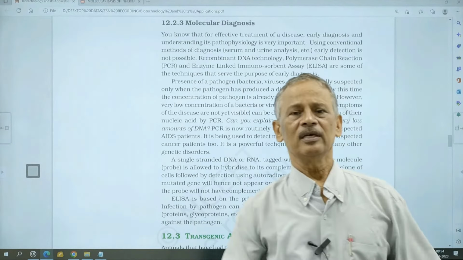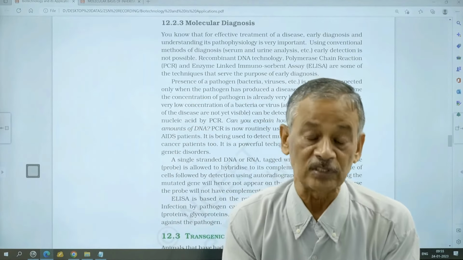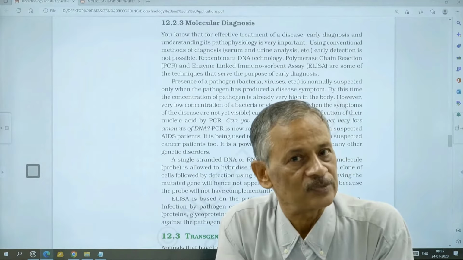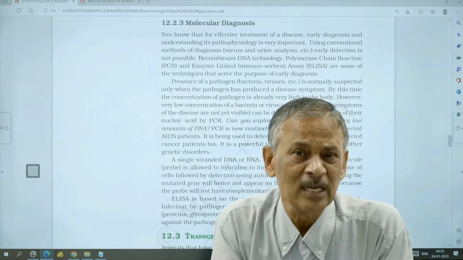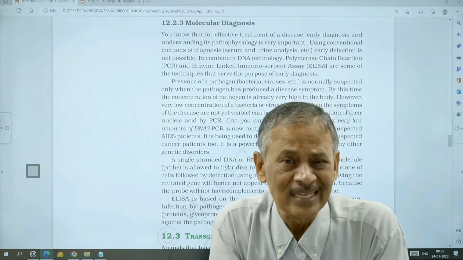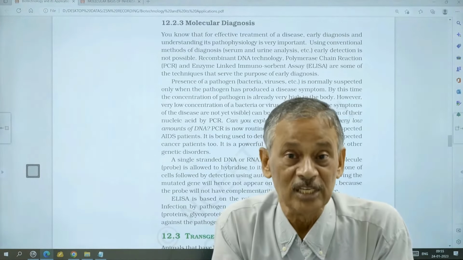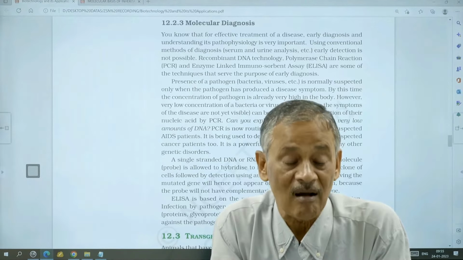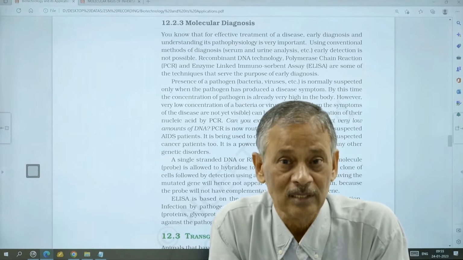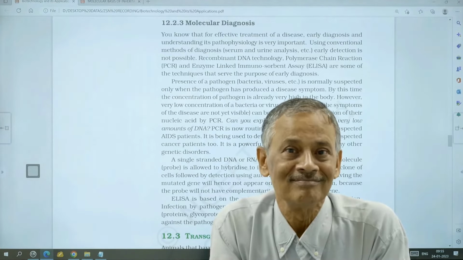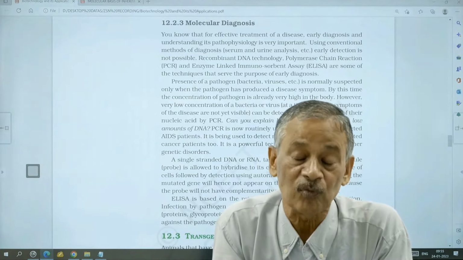We know that there are a number of characteristics which are all caused because of gene mutations. So is the gene mutation already present in our body so that in future there's a chance of we becoming sick? We can detect even before the symptoms appear.